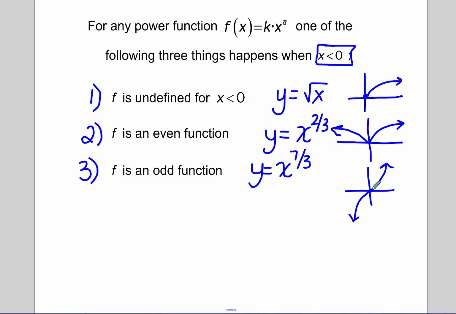It's odd. It has origin symmetry. So we've got points in quadrant 1 and quadrant 3. So these are three things that can happen when you have a power function and you're thinking about x values. Sometimes you'll have no negative x values, other times it'll have an even y-axis symmetry, and at other times, if it's an odd function, it'll have origin symmetry.